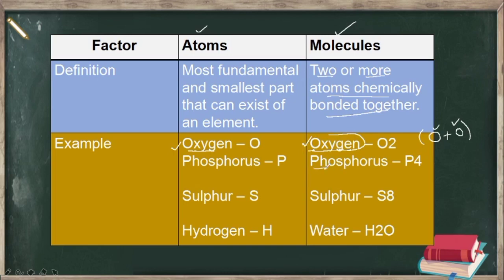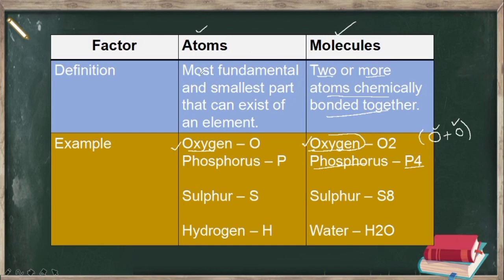Like that, phosphorus: how many atoms are there in this phosphorus molecule? This phosphorus molecule contains 4 atoms of phosphorus. So this is the difference between atom and molecule.